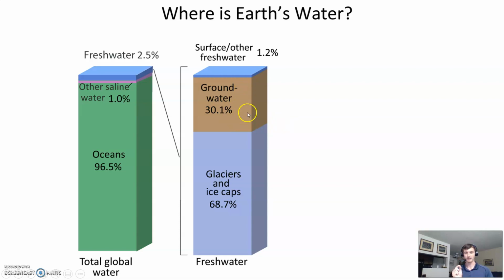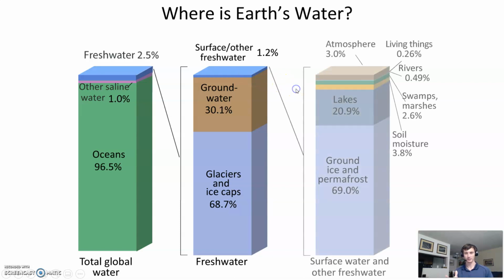About 30% of the freshwater on Earth, so 30% of this little tiny percentage over here is in groundwater, in little holes, little pores in the soil and in the rocks in the ground, and about 1% is surface waters, so lakes and rivers.